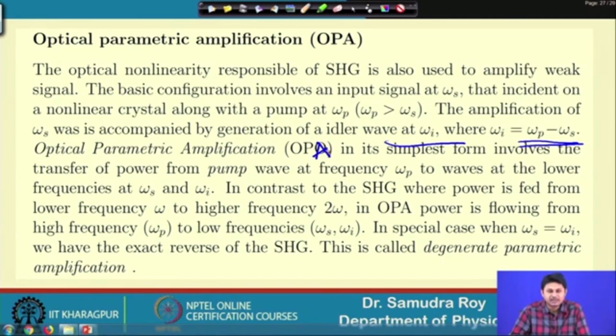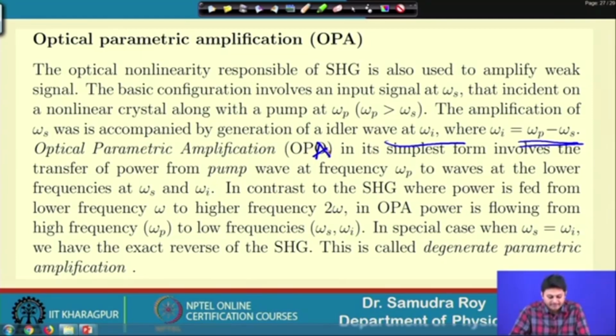The pump basically gives the additional energy to feed the corresponding fields at frequency omega s and omega I. So, omega s and omega I both will get amplified by launching a strong pump.